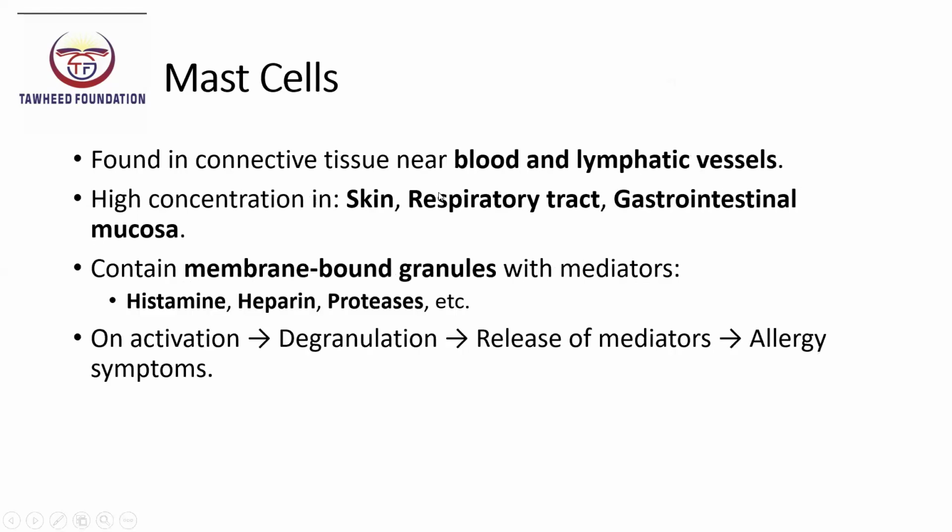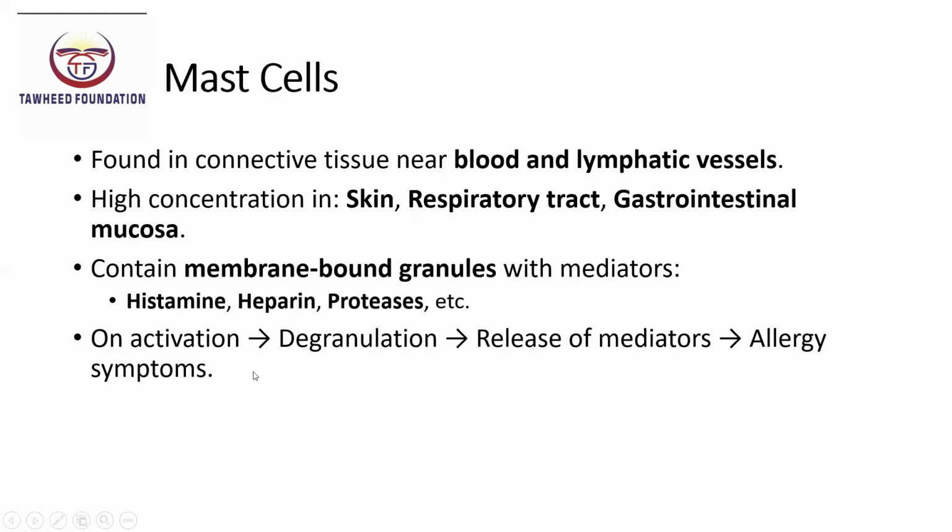Next is mast cells. Mast cells are found in connective tissues near blood and lymphatic vessels, as well as in the skin, respiratory tract, and gastrointestinal mucosa. They contain membrane-bound granules filled with pharmacologically active substances like histamine, heparin, and proteases.